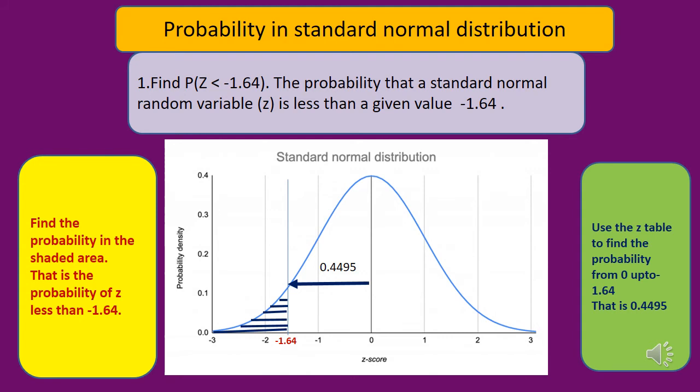Now you use the Z table, and according to that you found the value from 0 to minus 1.64. The probability from 0 to minus 1.64 is 0.4495.